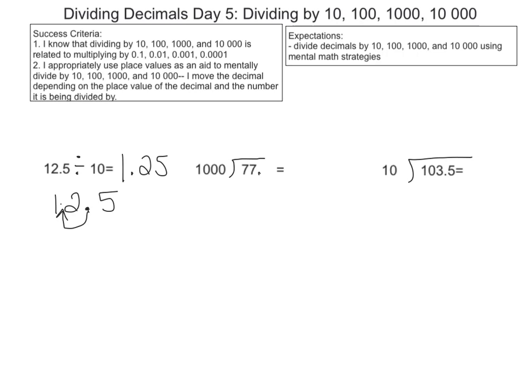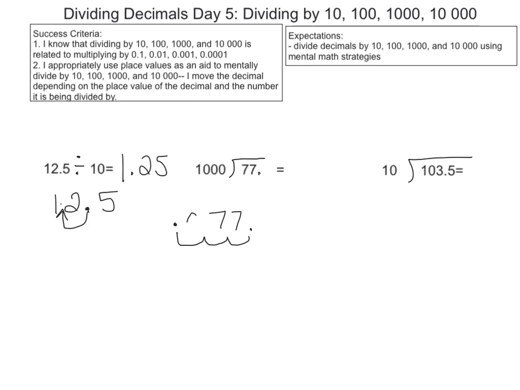So our decimal place will be going 1, 2, and 3. Let's write that out because it's kind of confusing since there are no numbers where we're pointing. So 77, our decimal is here. We're moving it 1, 2, 3, and our decimal's here.